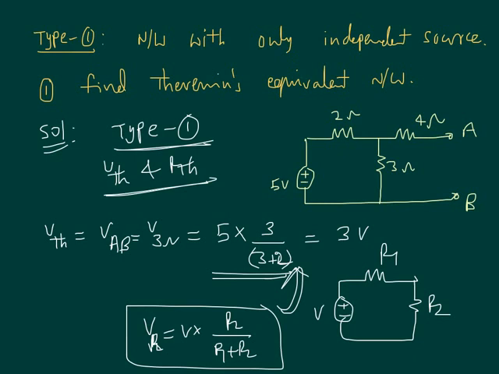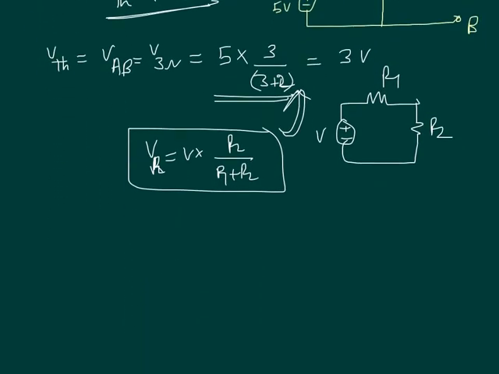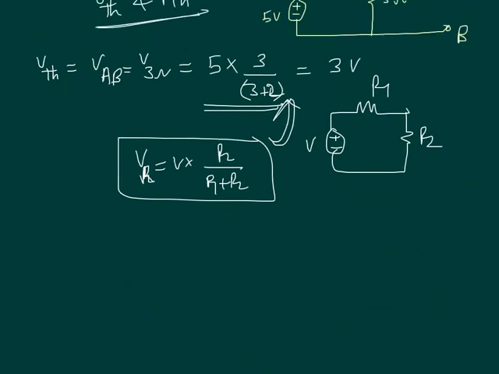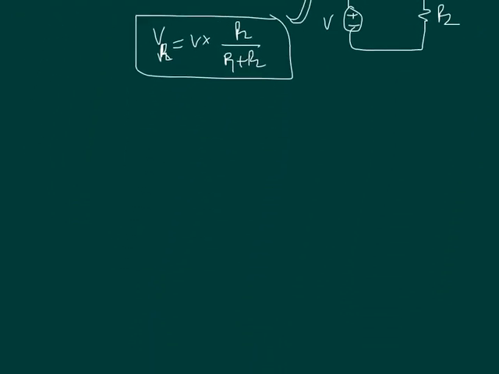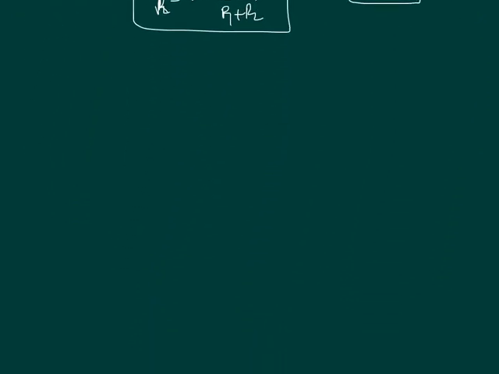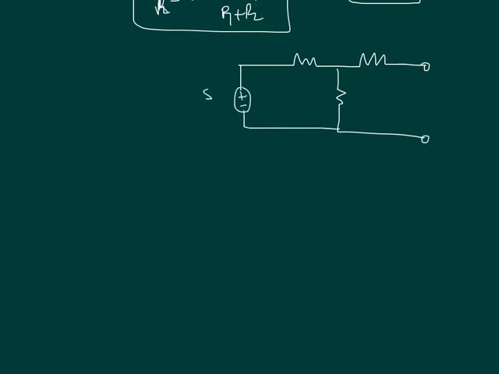Next, RTH. Our network is this: 5 volts, 2 ohms, 4 ohms, 3 ohms. This is A, B, and we need the equivalent resistance.